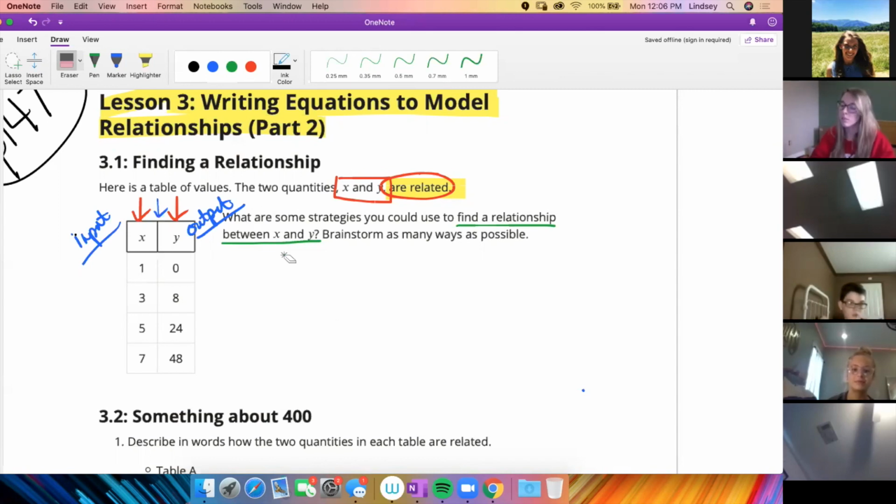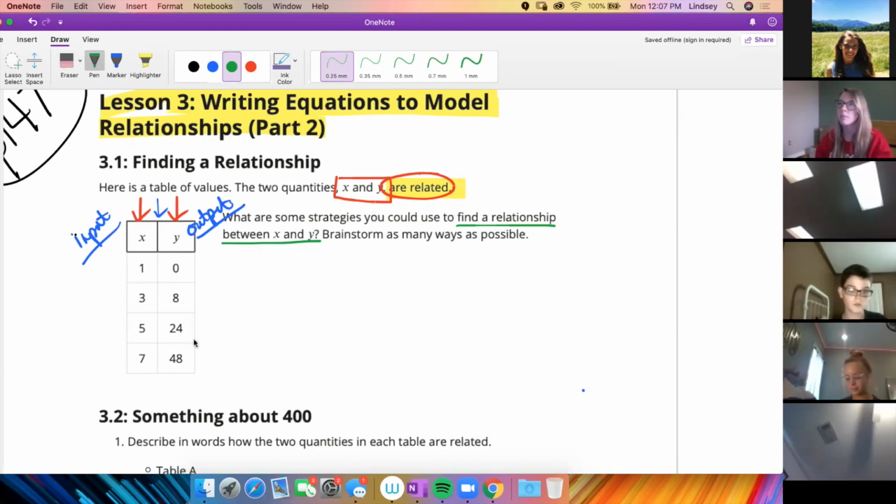Someone tell me something they notice about this table. What do y'all notice? You have to unmute yourselves. Do you notice any patterns or anything going on in the table?